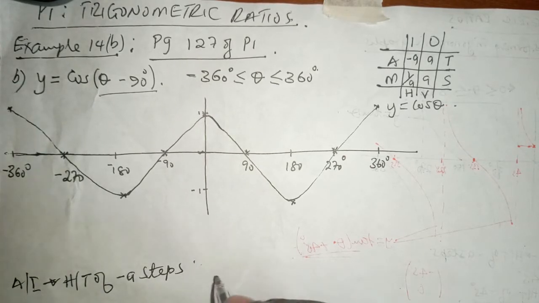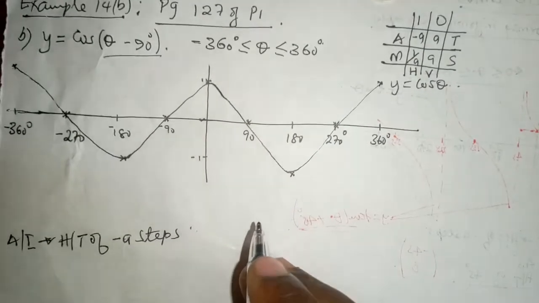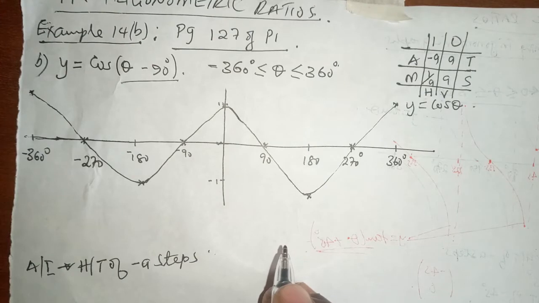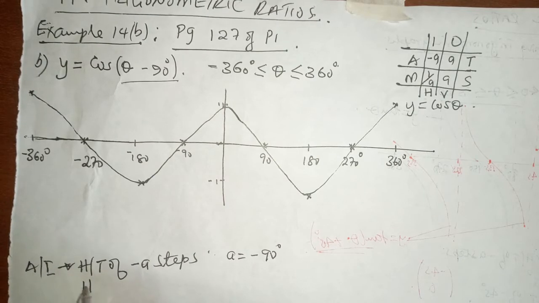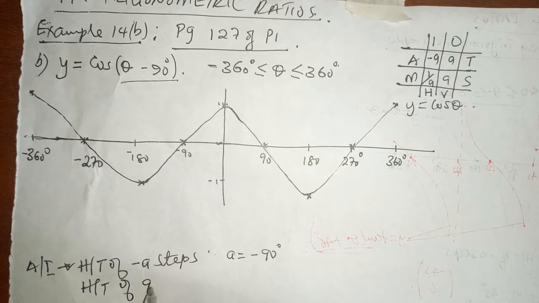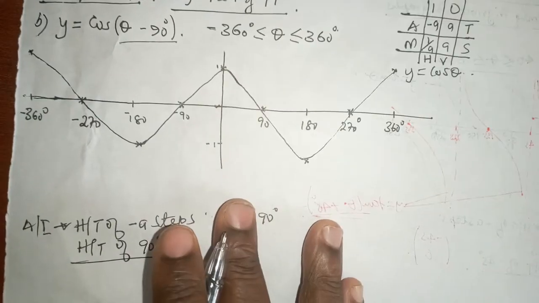Incidentally, our a happens to be minus 90. Our a is negative 90 degrees, so it's a horizontal translation of negative negative 90, which means 90 degrees. What does this mean?